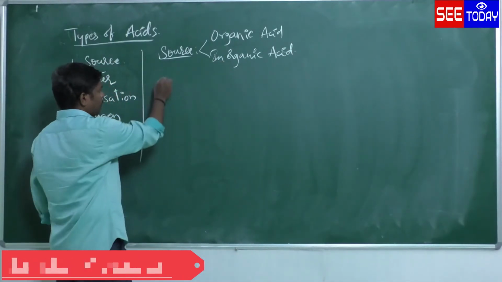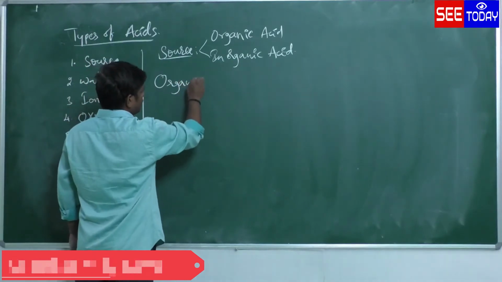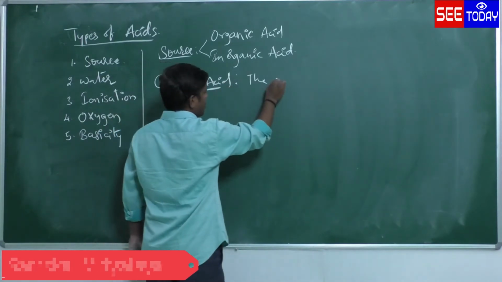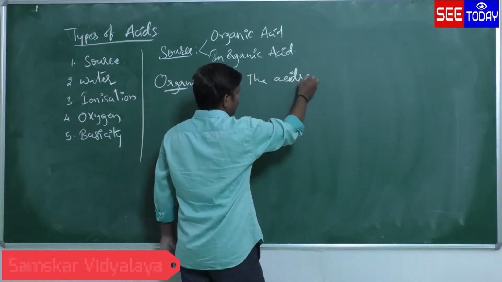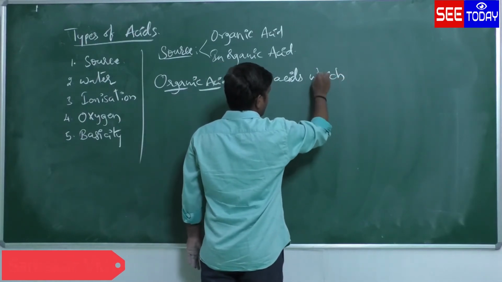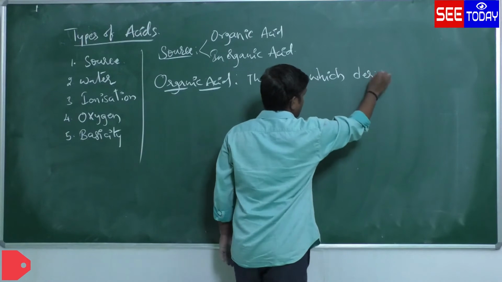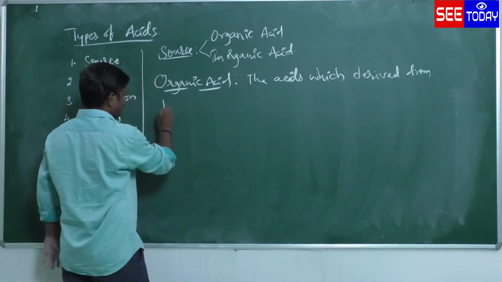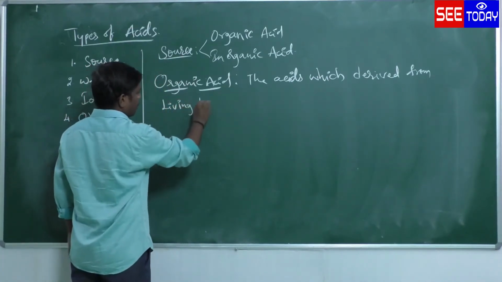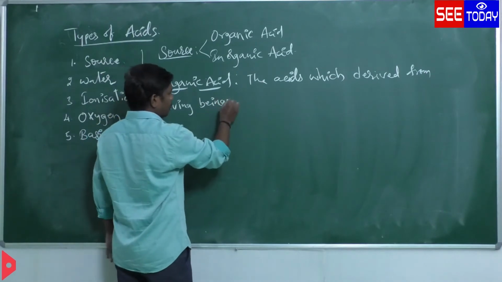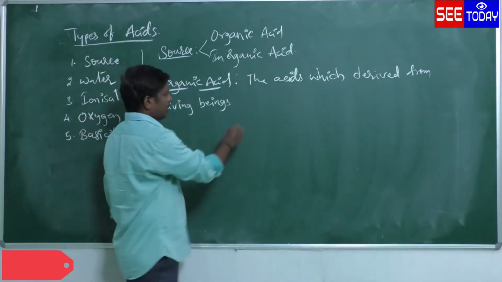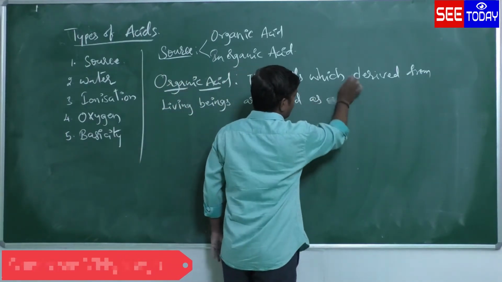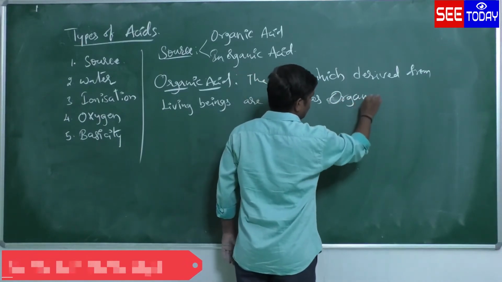Then what is organic acid? The acids which are derived from living beings or living things are called organic acids.